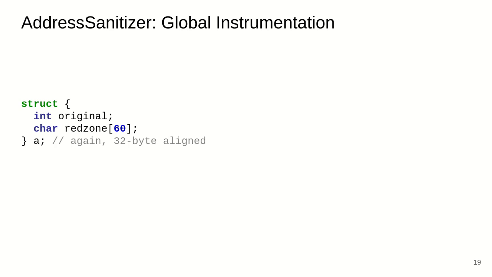Right, so the original integer will have 4 bytes, the red zone 60 bytes, which gives us, same as for the stack before, a 32-byte unique red zone. So 32 plus the 28 bytes gives a total red zone of 60 bytes.